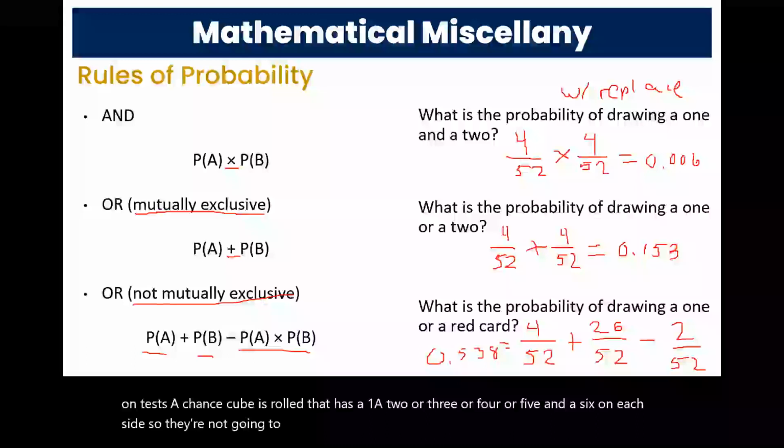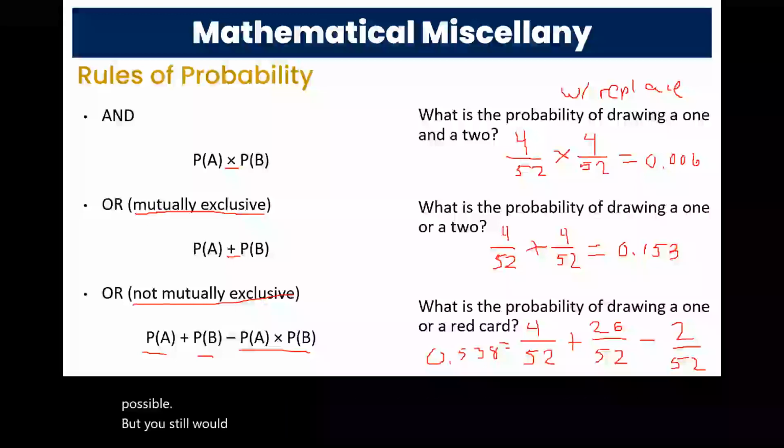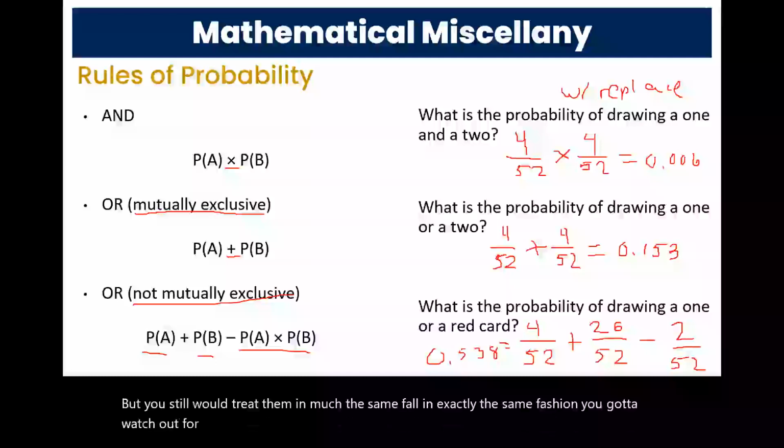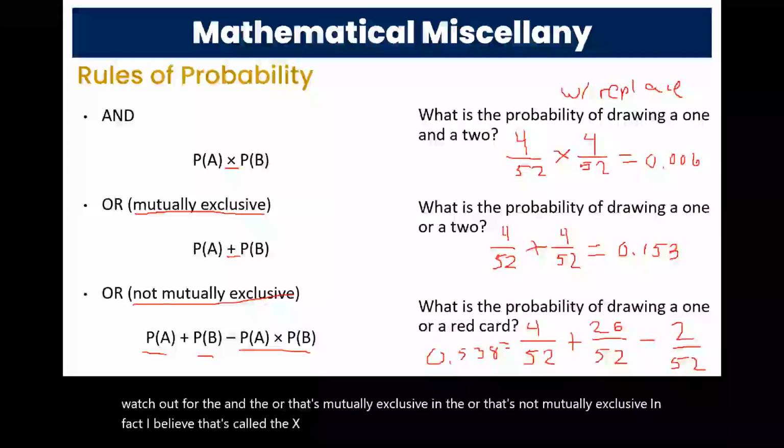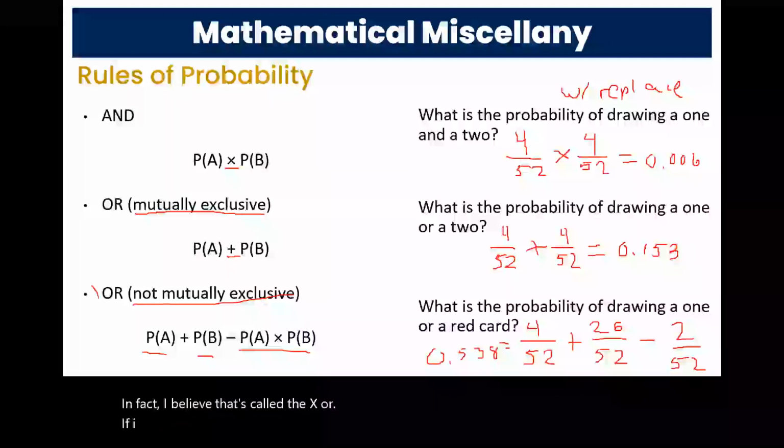They're going to describe it as just a chance cube. That's very possible, but you still would treat them in exactly the same fashion. You've got to watch out for the and, the or that's mutually exclusive, and the or that's not mutually exclusive. In fact, I believe that's called the XOR, if I remember my logical terms, and don't quote me on that, but I think that's XOR.